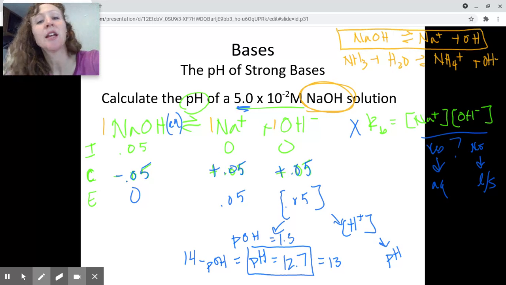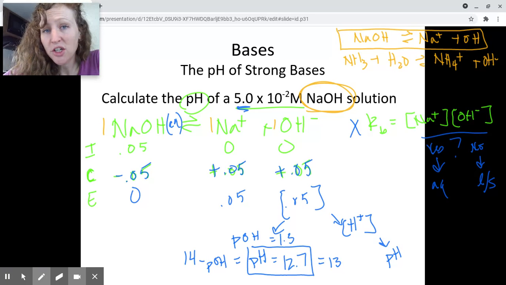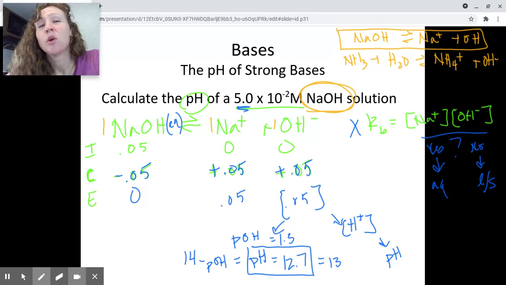When we were talking about acids, our very strong acids, we could write them as dissociation reactions, but a more correct way would be to write them as if they were a reaction with water. Well, that's not the case for very strong bases. Very strong bases are truly a dissociation reaction, right?